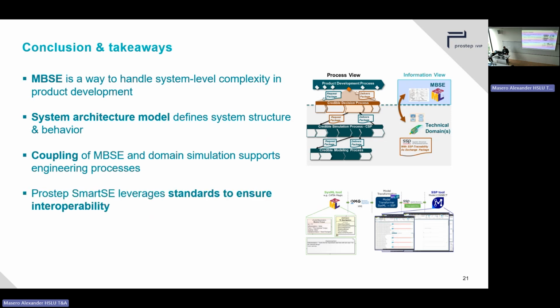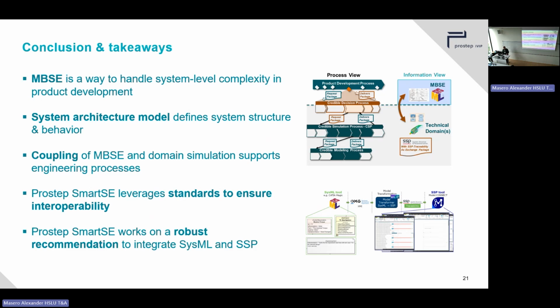And what we do within the SmartSE project is we want to enable this coupling, this integration of MBSE and system simulation based on standards. And our midterm goal is to support this coupling of MBSE and system simulation by recommending a mapping between SysML, specifically SysML v2, and SSP/SSP traceability.